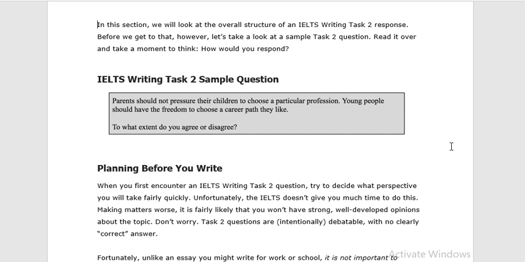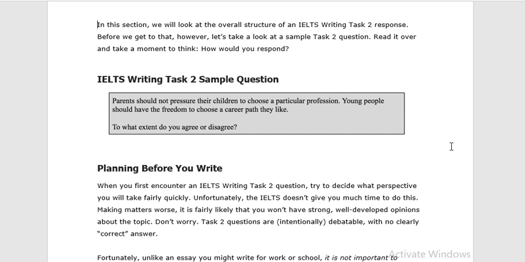The question should be general, or it could be related to environmental problems or political problems, or maybe hunger, poverty, electrical breakdown. These are topics on which anyone can easily debate. Similar to this question, that parents should not pressure their children to choose a particular profession, I and you can have a debate on this topic.